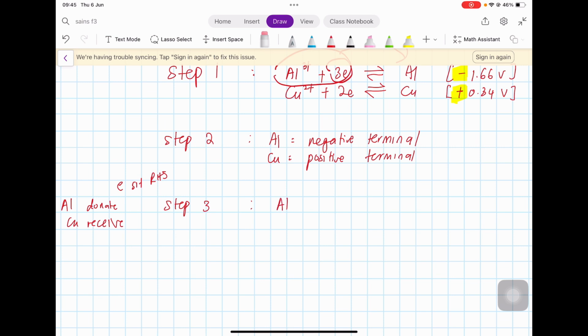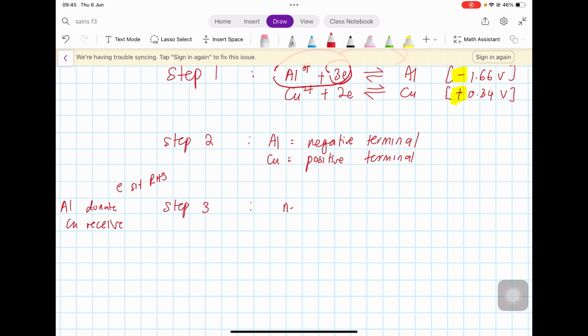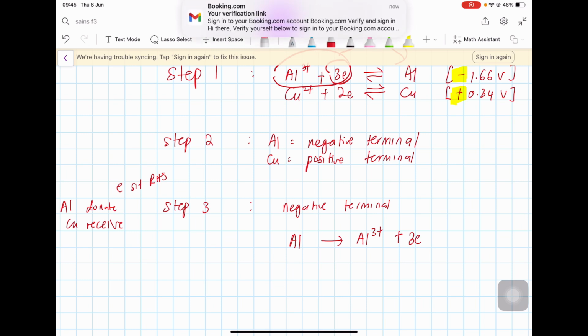Let me write what happened at the negative terminal. At the negative terminal, aluminium will sit at the left hand side, and the electron will sit on the right hand side because it donates. Okay, faham tak how to write the half equation?